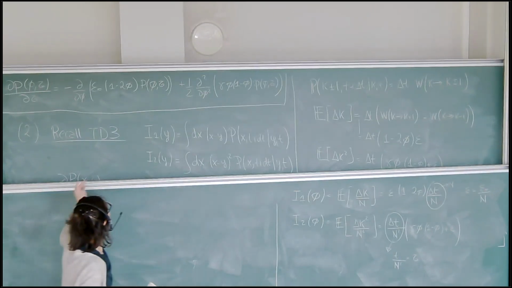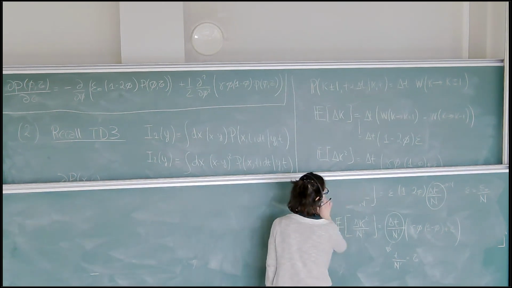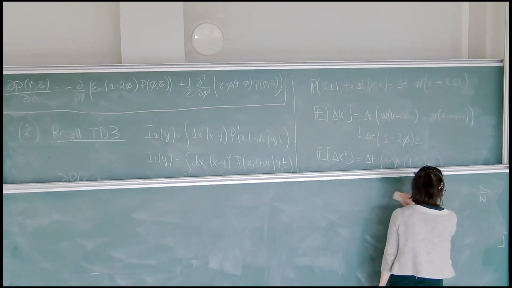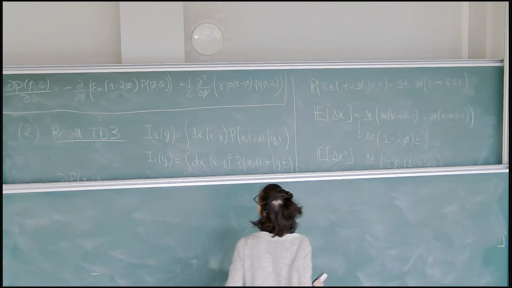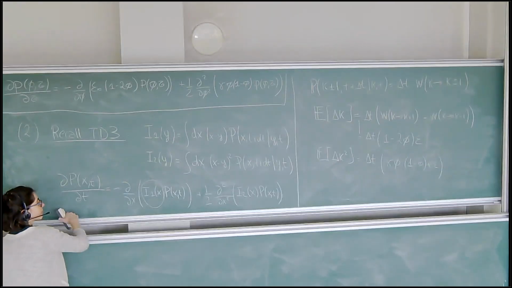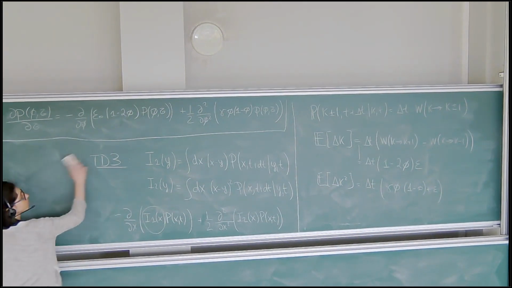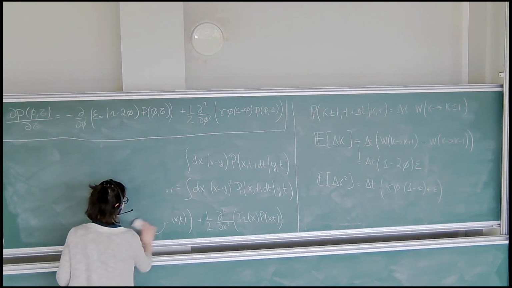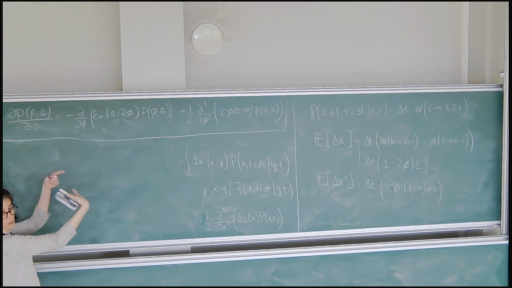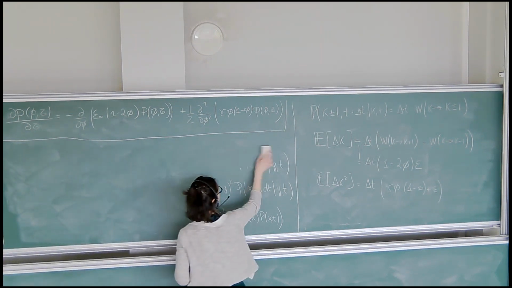So you see, you have the drift term and the noise term, and they somehow push you in different directions. The drift term vanishes when phi is equal to 1/2. So 1/2 means that you have half population of type A and half population of type B. The drift term is pushing you towards 1/2. If you are away from 1/2, you have some kind of force that pushes you to reach 1/2.